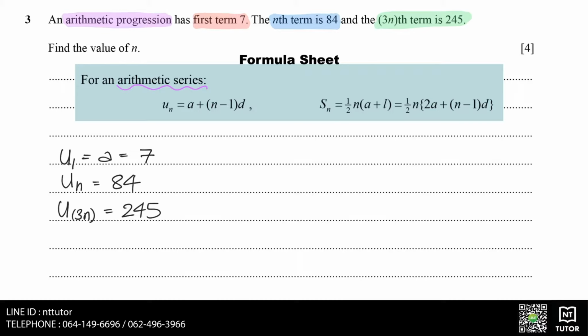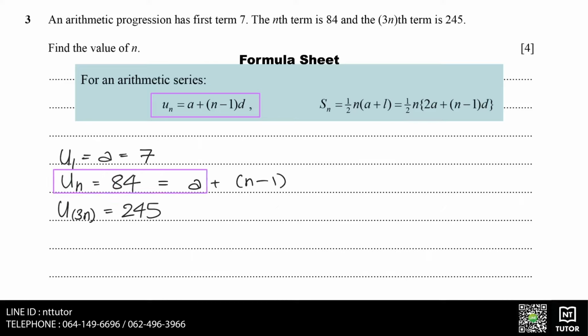We have a formula for un from the formula sheet. This means that 84, which is un, equals a plus (n minus 1) multiplied by d. We already know that u1 or a equals 7, so we can substitute the a in that expression with 7.